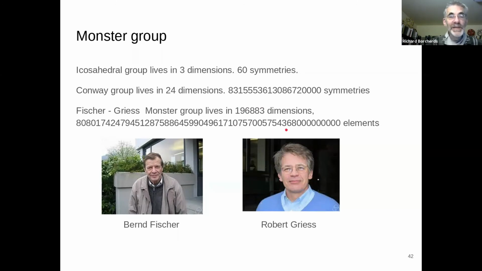Well, its existence was originally proved by Robert Griess, who actually managed to more or less write down explicitly matrices in this number of dimensions. I remember I was at Cambridge when this proof came out, and when Robert Griess announced he'd constructed this group, people at Cambridge could almost not believe it, because they'd known it was possible in principle to construct the group by acting as matrices in 196883 dimensions, but assumed the calculations would be so phenomenally difficult that no one could possibly do them.